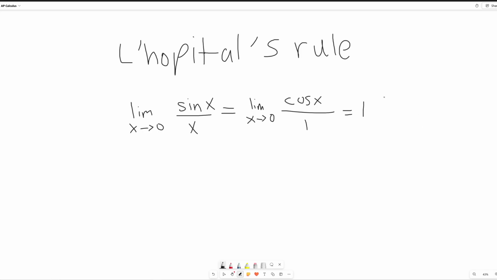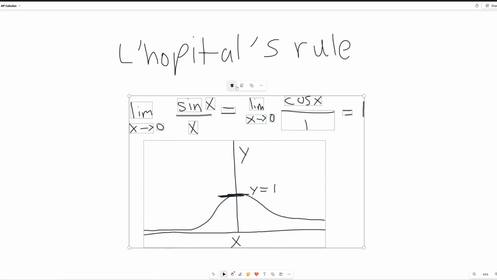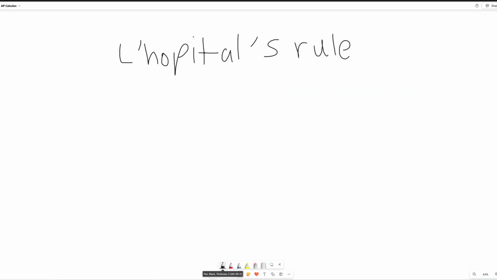This makes sense that it equals 1 though. If you look on a graph of sine of x over x, it looks something like this, where this is y equals 1 at x equals 0. You can fact check this rule on your graphing calculator if you need.